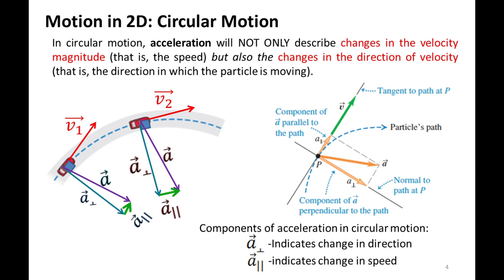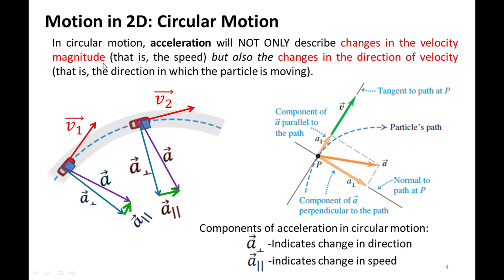So in circular motion, the acceleration will not only describe the change in the magnitude of the velocity. Unlike our first few discussions, especially in linear motion or one-dimensional motion, where we discussed that the acceleration describes how fast your velocity changes, in terms of its magnitude, or in other words, the acceleration causes the change in the speed of the object.